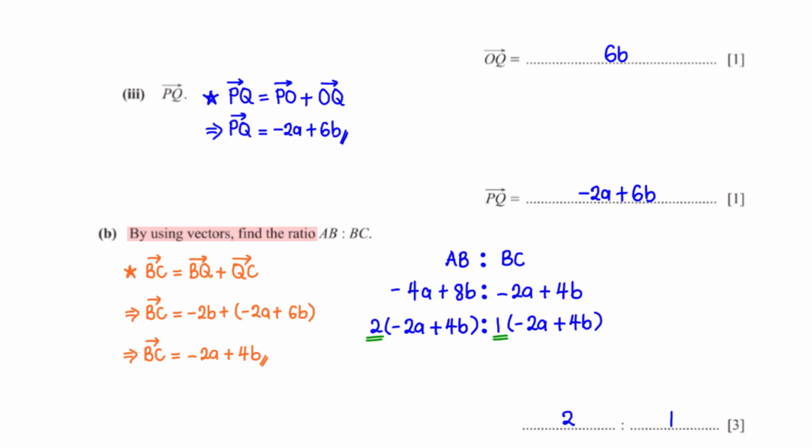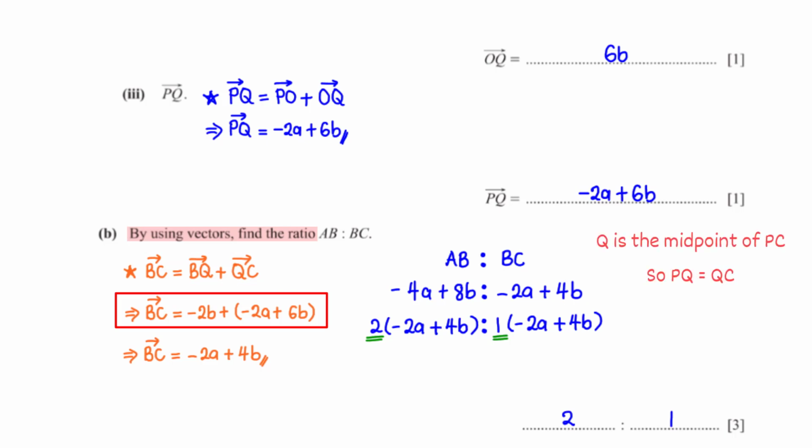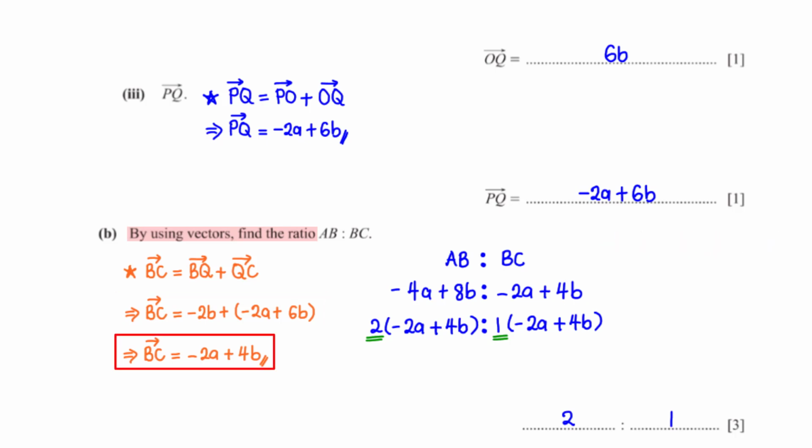By using vectors, find the ratio AB is to BC. First, let's find BC. BC can be expressed as BQ plus QC. BQ is negative 2b, and we found QC in the previous question to be negative 2a plus 6b. When we simplify this, we get negative 2a plus 4b.